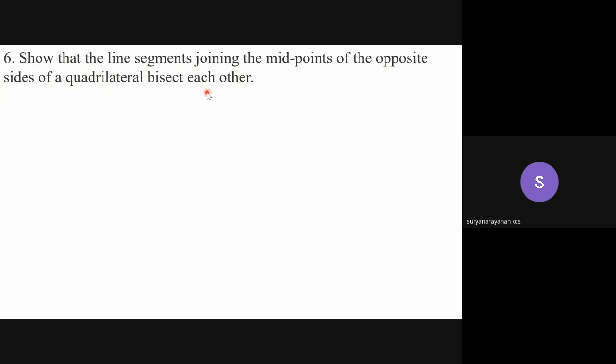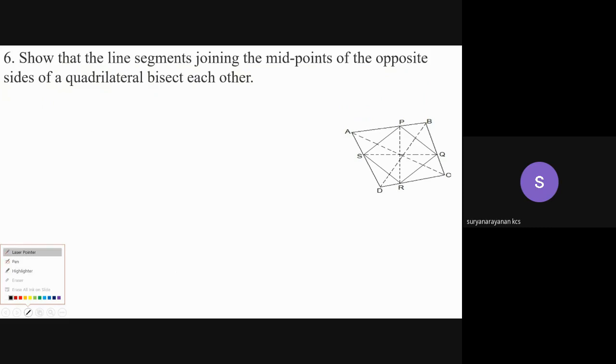Sometimes they will give a rough diagram, and sometimes we have to draw the rough diagram. It is mandatory for any geometry related question. Any geometry related question, you must draw a rough diagram. Please remember this point. Okay? Right. See here, this is a rough diagram for the given data.